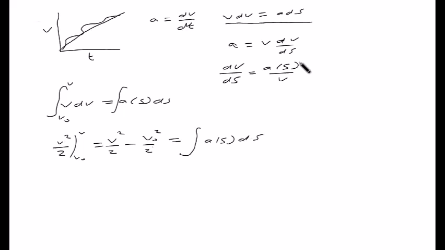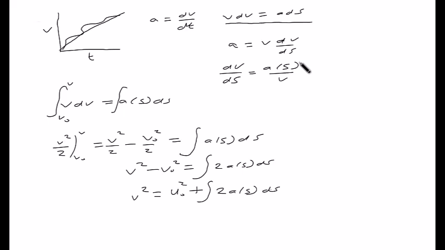And then we'll take the 2 over, and we have v squared minus v0 squared is equal to the integral of 2 a of s ds, or simply v squared is equal to, let's use u squared instead of v0, u squared plus the integral of 2a of s ds.